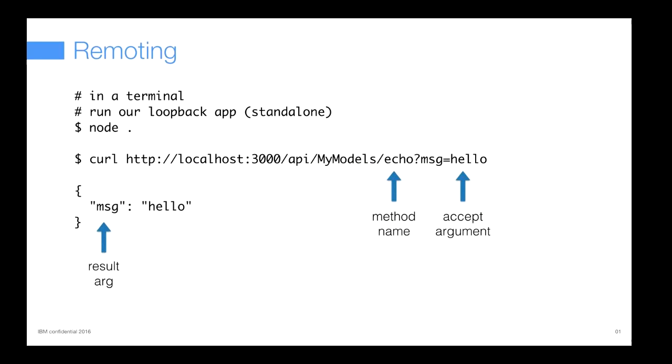In this example, you see on the right side of the screen the method name. That's the method name we defined in the second block of code, and the message is the argument. This is an example of us executing that remote method by making an HTTP request with curl. You see the result is this JSON body with a single property of message here on the left.